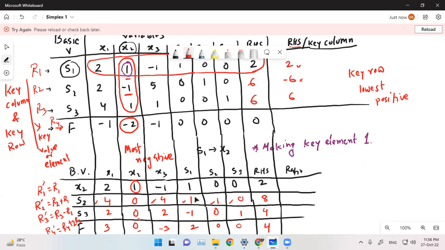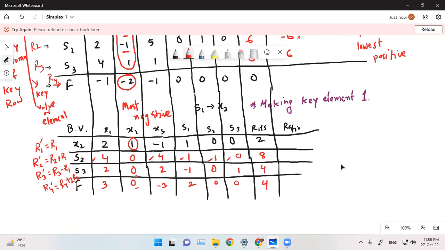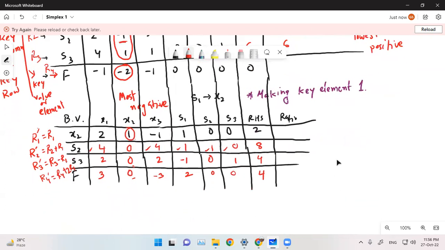So now, which one should be our key column? The procedure is to find out the most negative. So most negative here is this one. There may be a question how long we have to carry this operation.